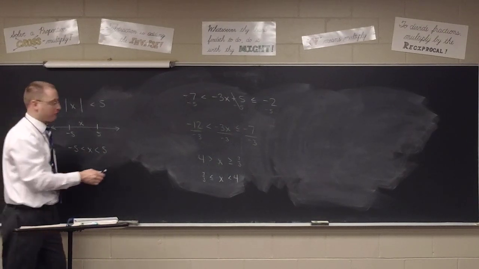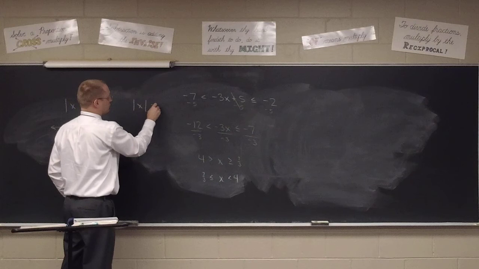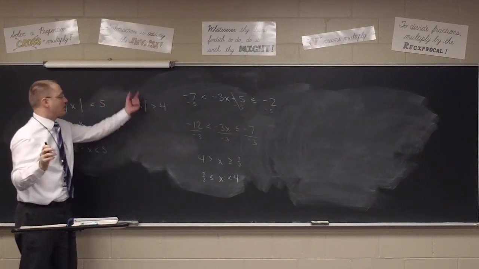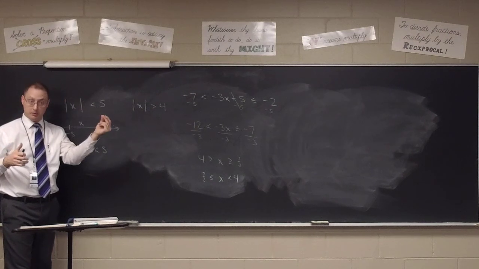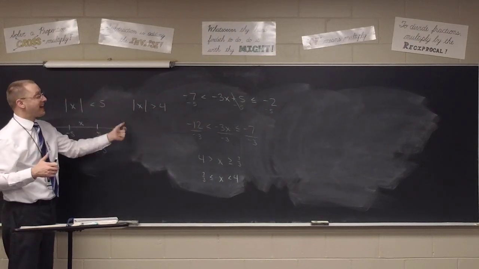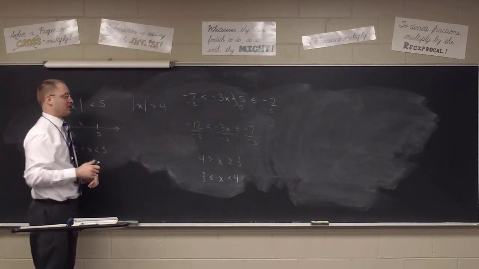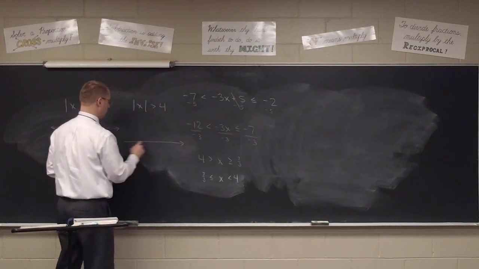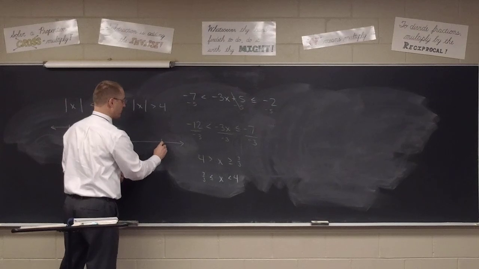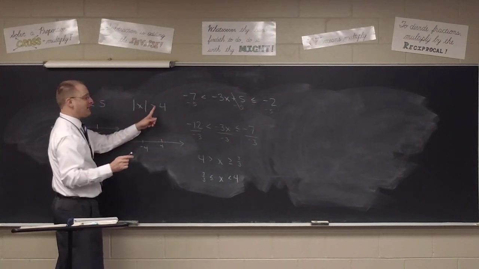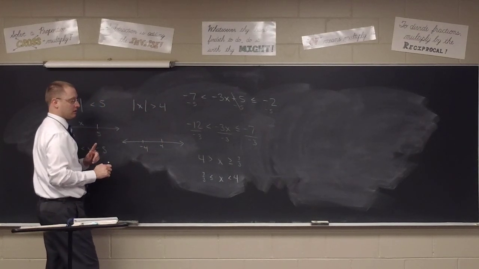But as we look at number 4, when we had the absolute value of x is greater than 4, again we see absolute value. The key, class, is to think positive, negative. But it's not an equation. Rather, on the number line, I need to plot 4 and negative 4. Because we have a greater than symbol, where is x?